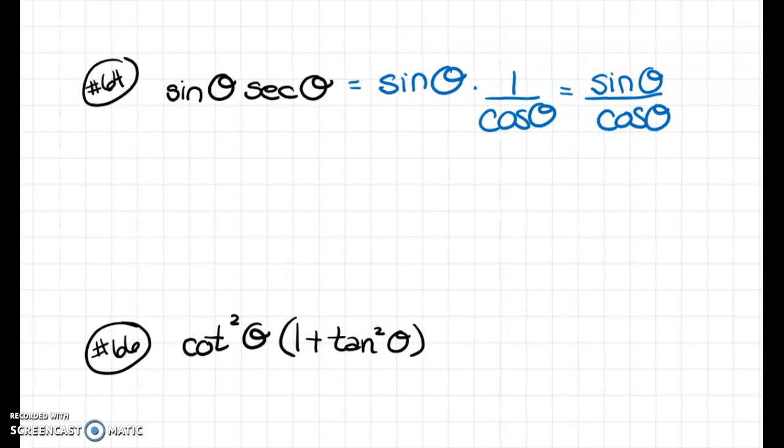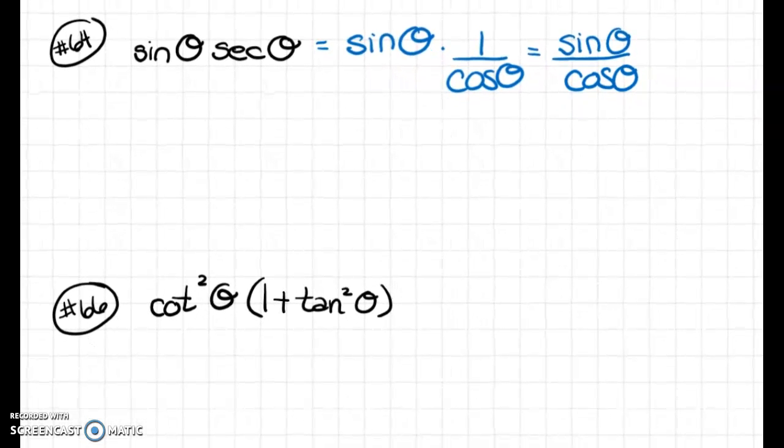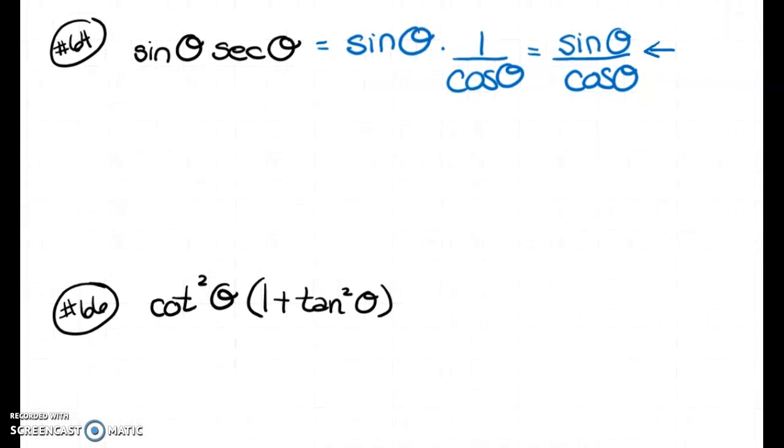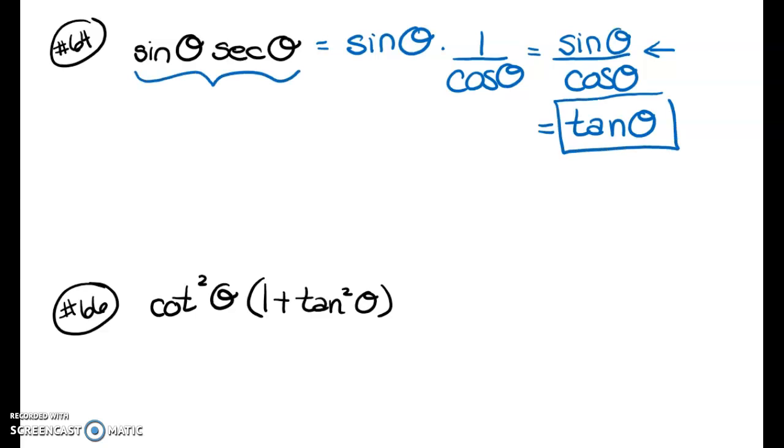Well, I have a quotient here, right? A fraction is a quotient. So what I'm going to do is go back to my identities and see if I can find something that equals sine over cosine. And when I do that, I realize that tangent of theta equals sine over cosine. So this expression here ultimately equals tangent of theta.